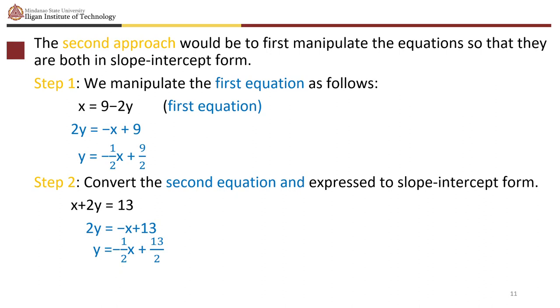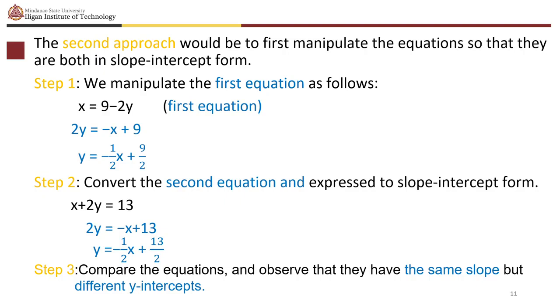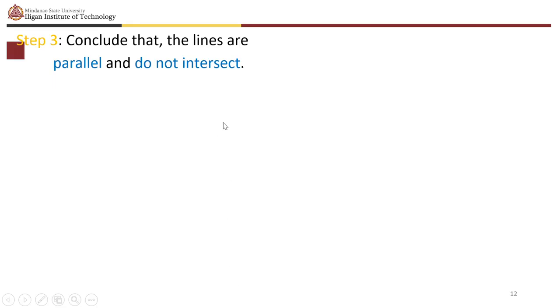Notice that they actually have the same slope, but different y-intercepts. So meaning to say, the lines are parallel and do not intersect.